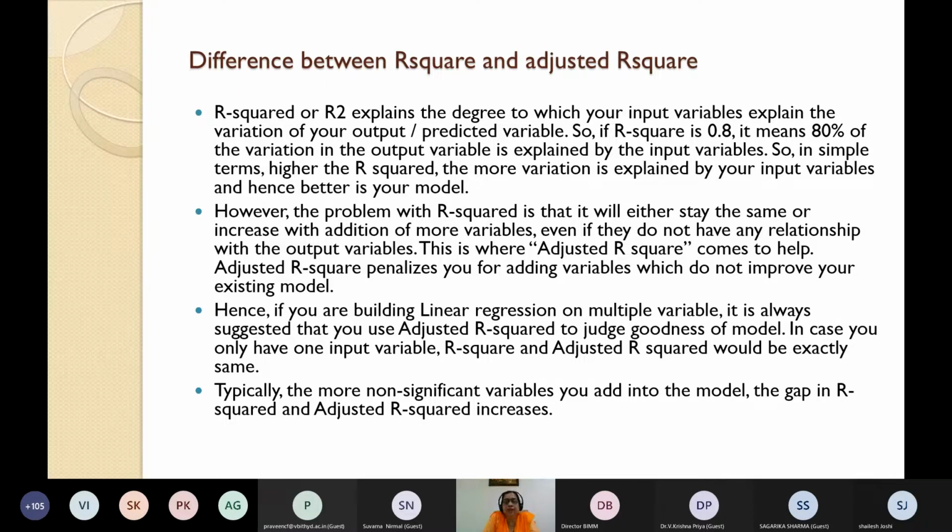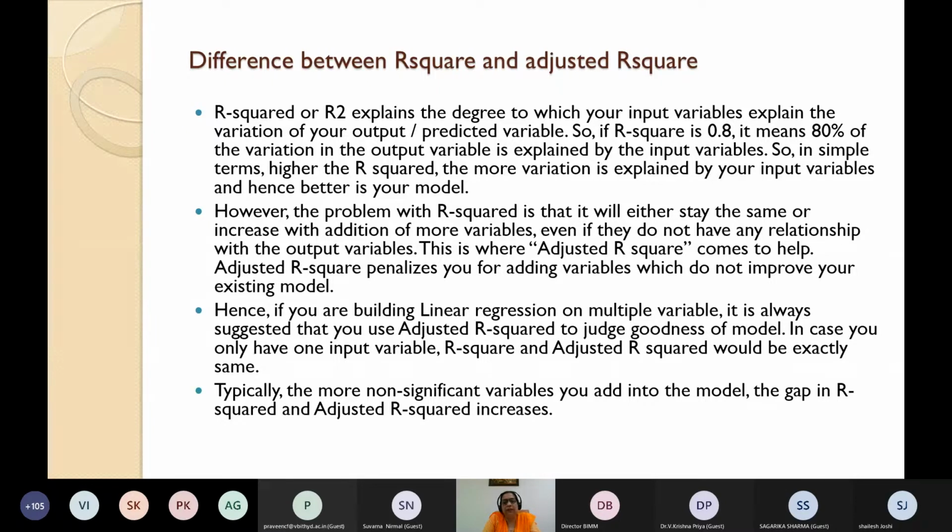And that is the reason, as we go on adding different variables, there is a possibility that R square will either remain the same or start increasing, although there is no variation in the output variable. So that is the reason we take into account the adjusted R square, which penalizes you for adding variables which are not improving your existing model. We normally see the variation of the adjusted R square when you are adding a variable to the equation in step-by-step regression.